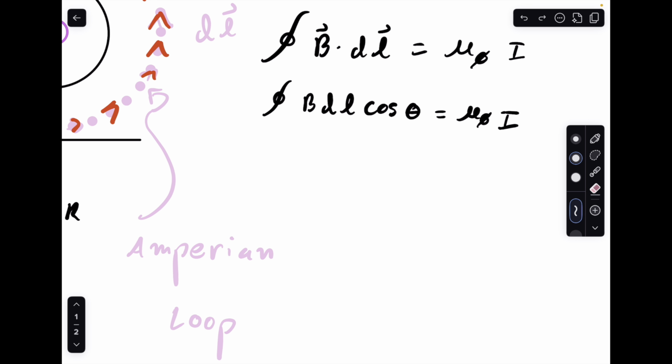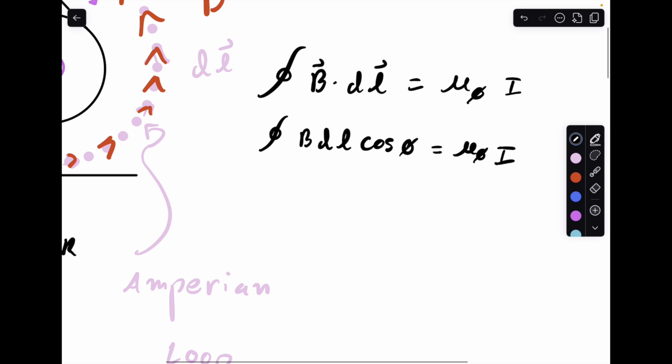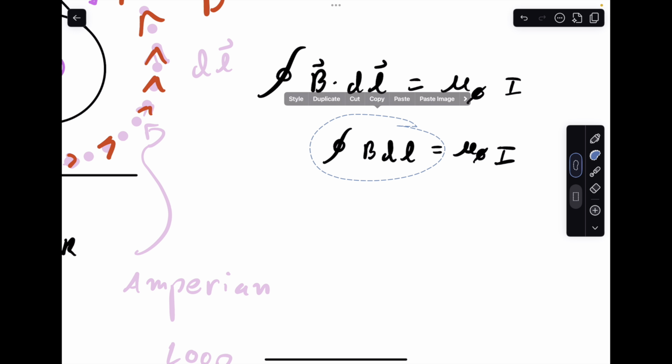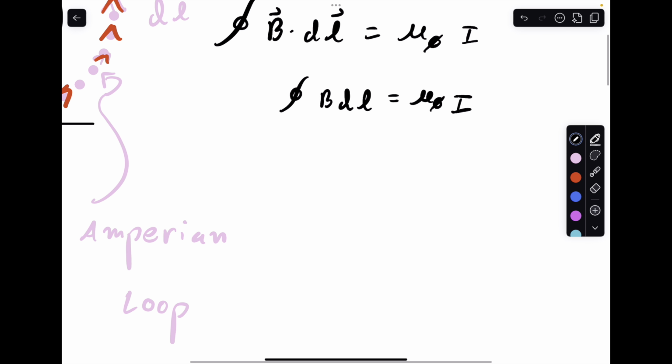So now I'll replace cosine theta with cosine 0, and if it's cosine 0 for every single point along that loop, I can just simplify this to 1, and 1 times anything will be itself. So I can just pull that out, and now this is my new derived equation.